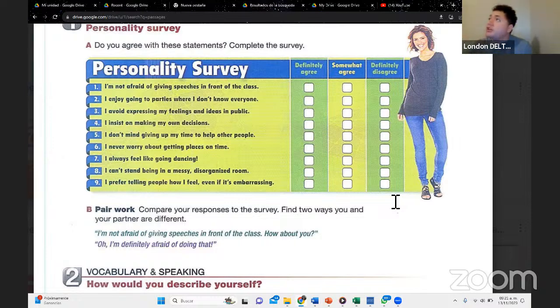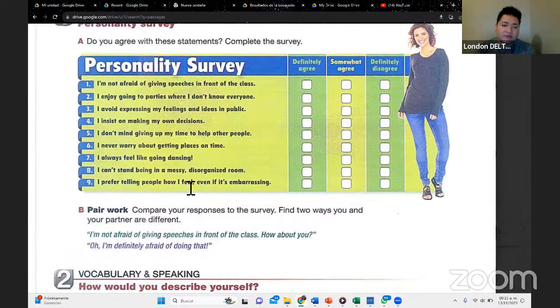So we will be reading and you guys will tell me if you agree, if you definitely agree, somewhat agree, or definitely disagree. Okay, so the first one, I'm not afraid of giving speeches in front of the class. Do you know what is speeches?